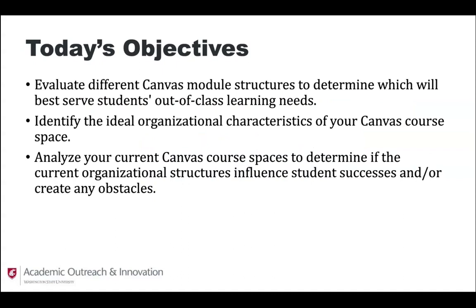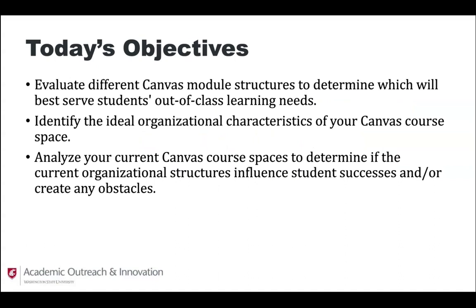So this training is designed specifically to get you thinking about the following things, to set you up to succeed in the following. We're hoping to evaluate some different Canvas module structures to determine which will best serve students' out-of-class learning needs.